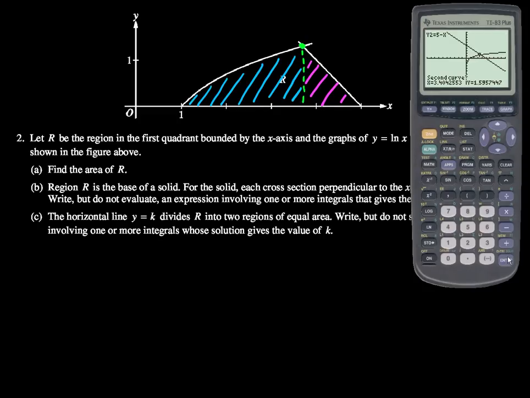I'm on my first curve, I'm on my second curve, I'm close to where they intersect, and it tells me the intersection is at the approximate point 3.693441 and 1.306559. And something for the AP Calculus test to know is we should not round that until later on.